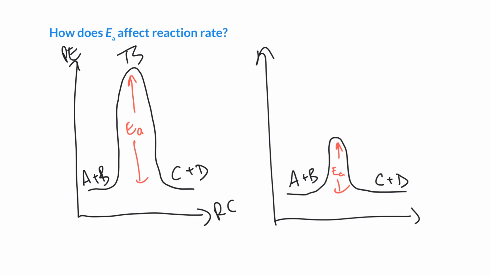It's much easier to go over a molehill because it's a much lower energy to defeat. So in general, we find that the smaller the activation energy, the faster the reaction. Just think, the smaller the cover to the nightclub, the more people can go in. If it's a $1 million cover, you and I and probably everyone else in the class is not going to be able to afford it. So reactions that have a low activation energy are very, very fast.